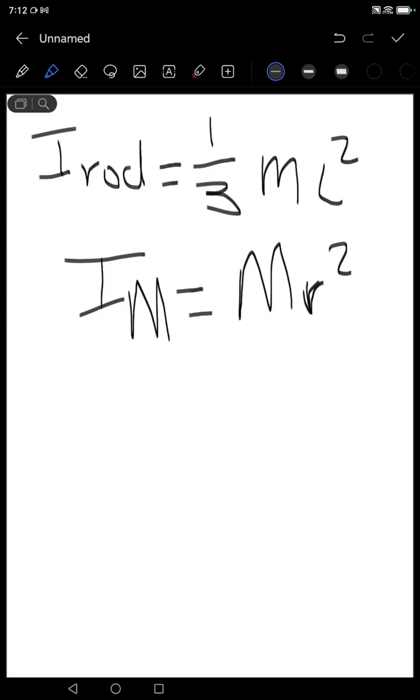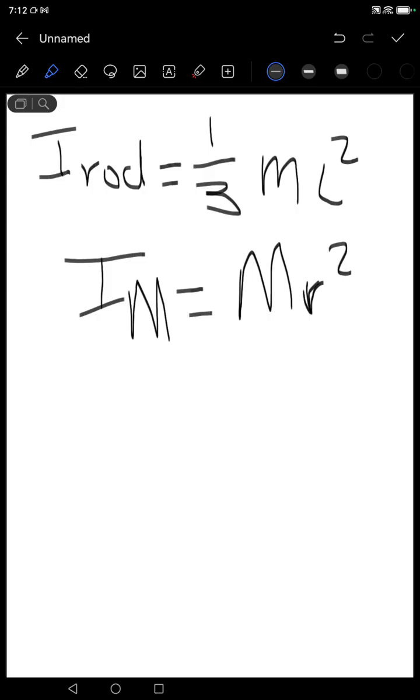So now they want us to determine the total moment of inertia around point O. So you just take a look at your system and check which parts are acting around that pivot point. We have the rod, and we also have the mass acting about point O. So now we've got the moment of inertia of the rod and the mass.